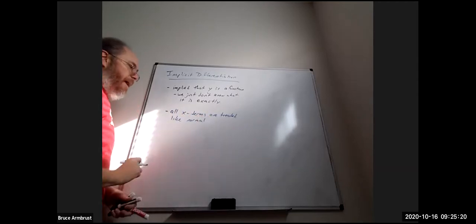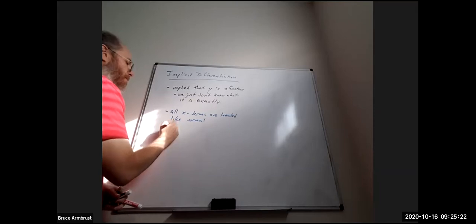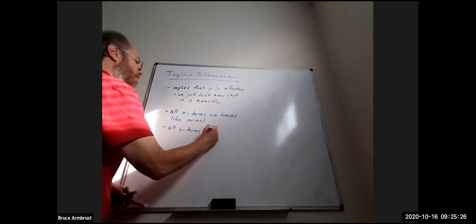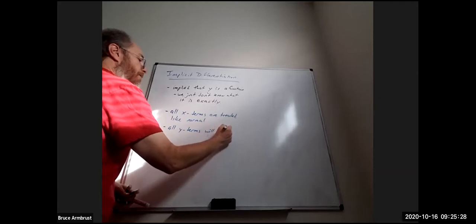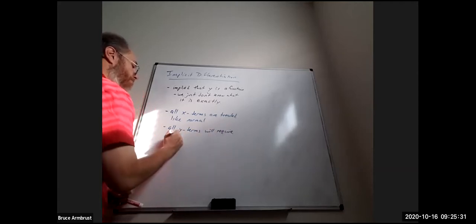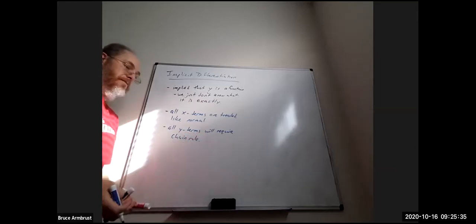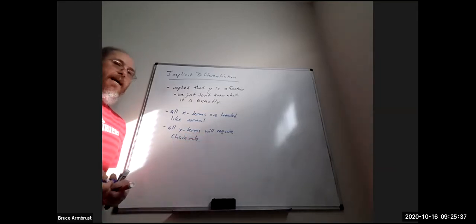We're going to do to the x's what we always do. But all of the y terms are going to require chain rule, because y is a function. We just don't know what it is.